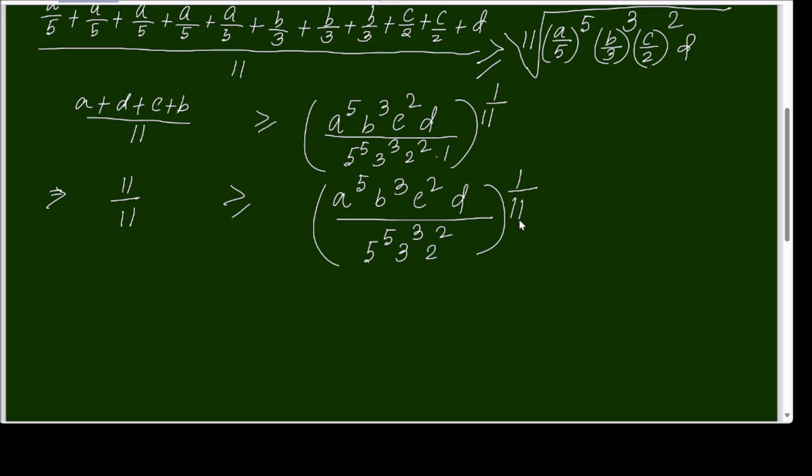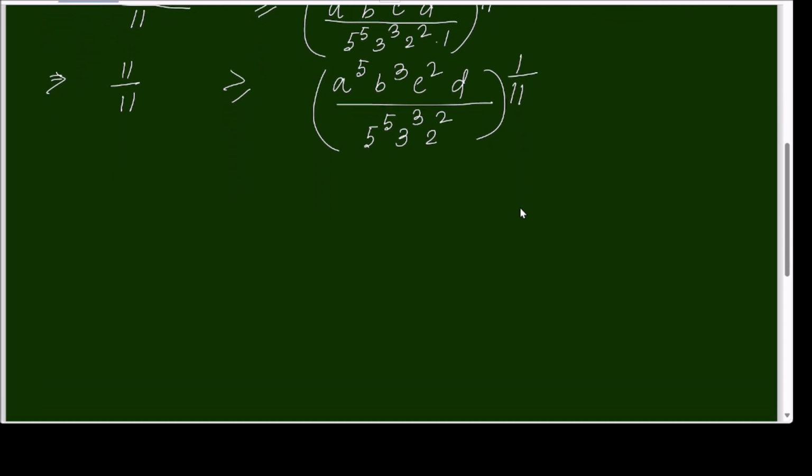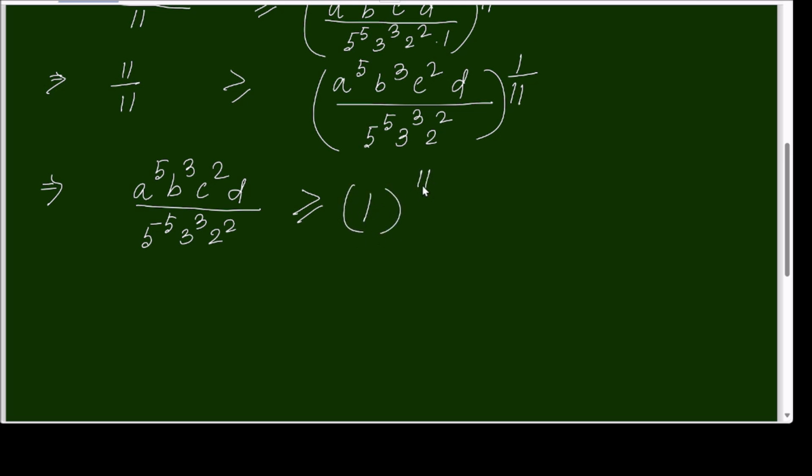So on the left-hand side 11 by 11 I am getting 1. So A power 5, B power 3, C power 2, D over 5 power 5, 3 power 3, 2 power 2 is greater than or equal to 1 power 11.